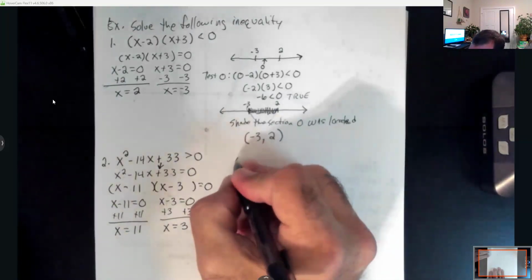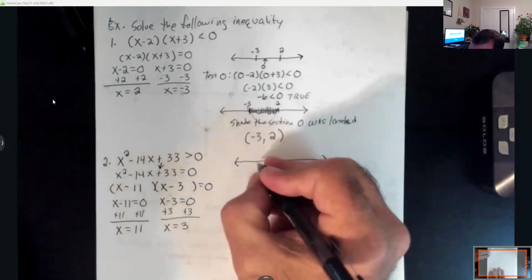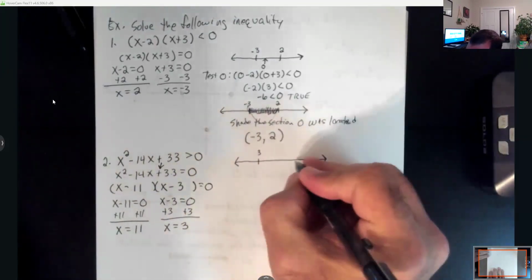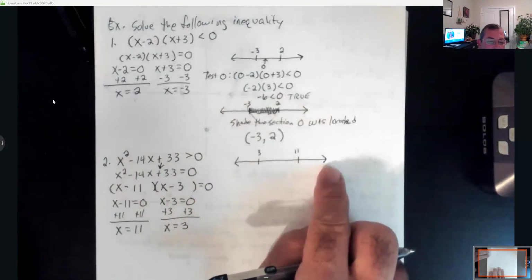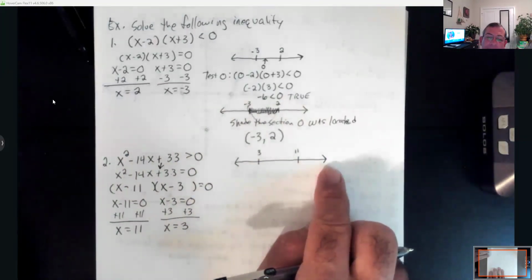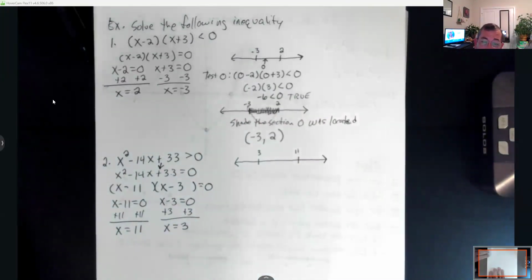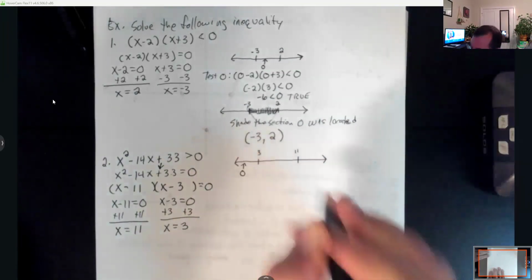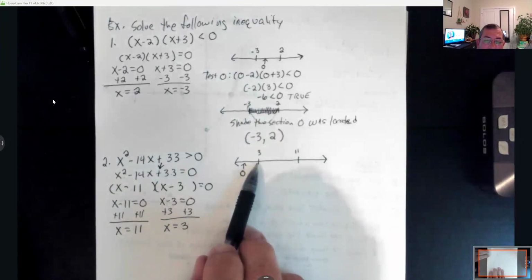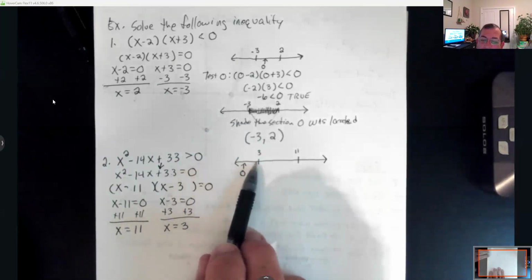So look here, here's your number line. First answer would be 3, it would be on the left. And then 11 would be off to the right side. Now, I'm still going to test 0, but y'all, here's the thing. 0's in the left section this time, because this side goes from -infinity up to +3.